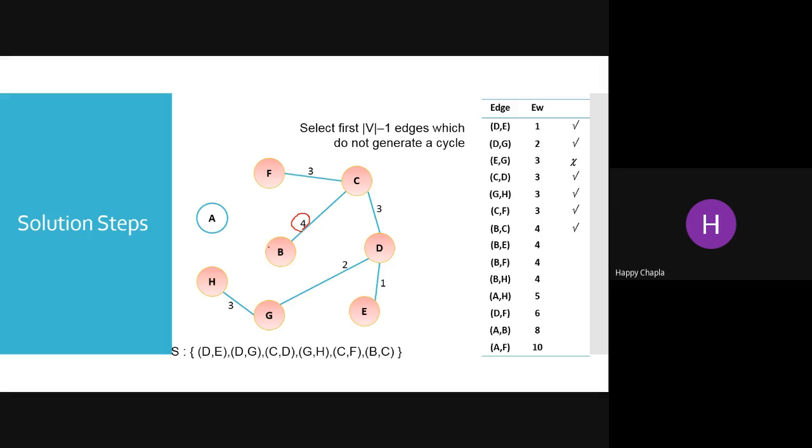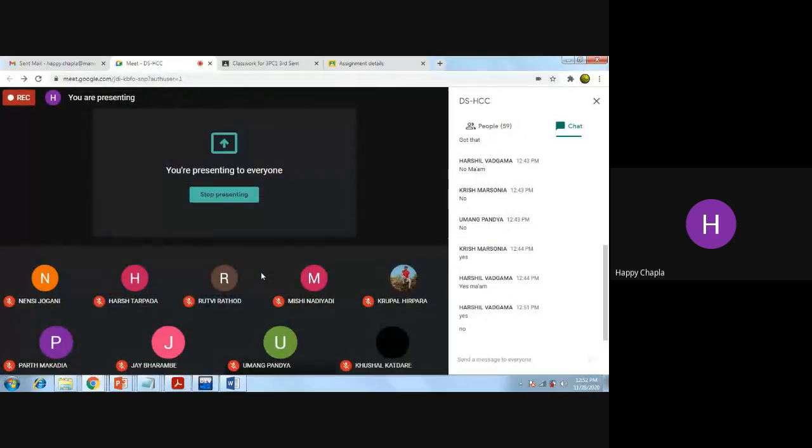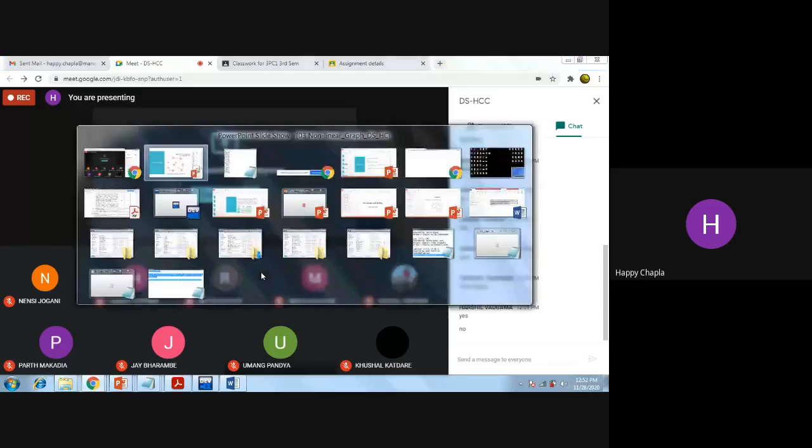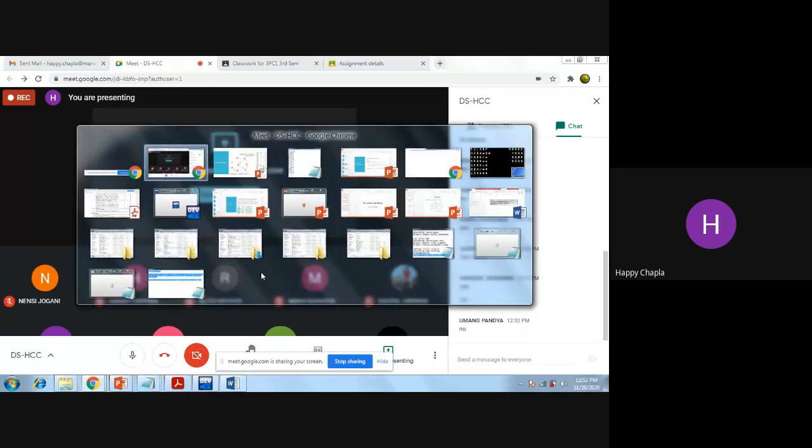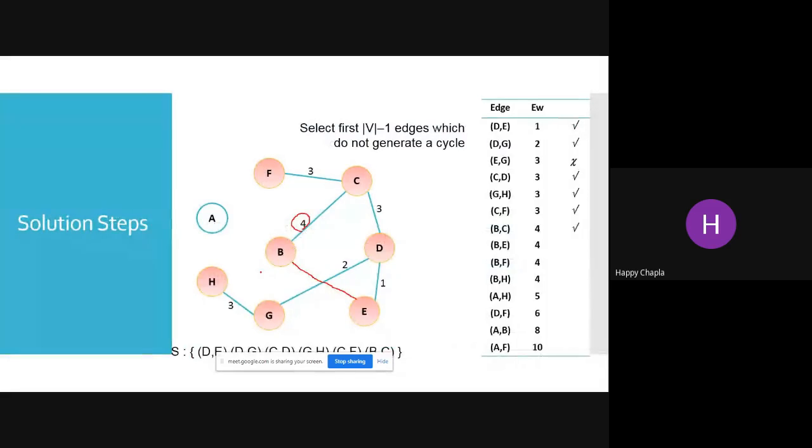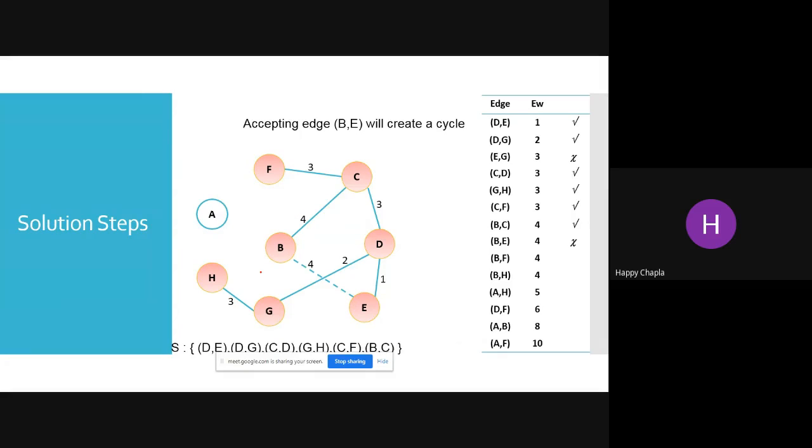Now B to E. So this is my B to E. If I take this B to E, it will make a cycle. Can I take this B to E as my next choice? No, we cannot. Why? Because it will generate the cycle. So we can simply avoid that connection.